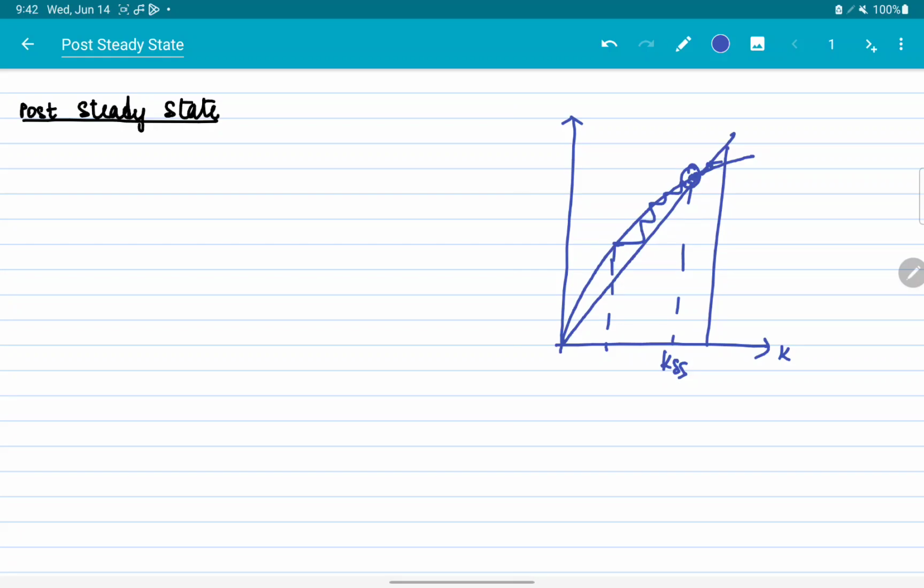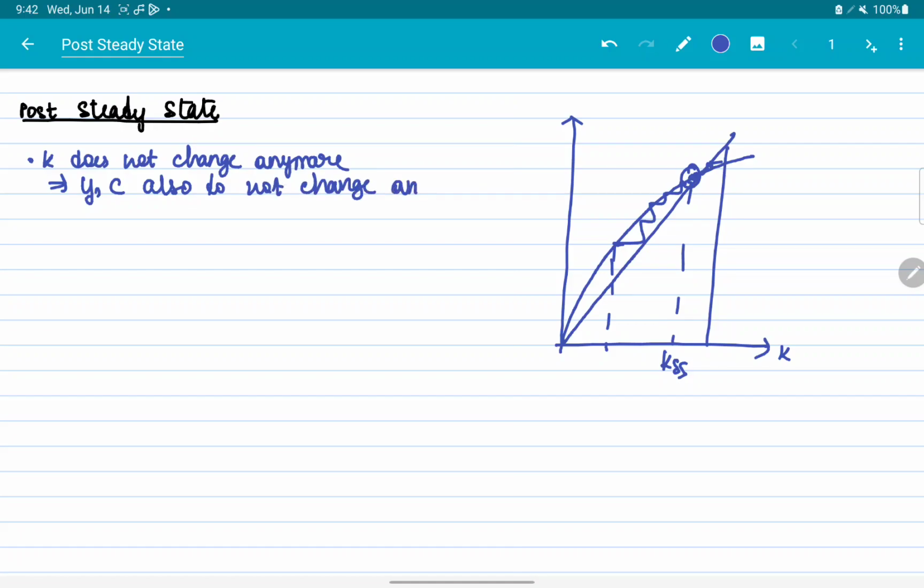But in this video, you're only going to look at a world where steady state has already been arrived at, however that way of arrival is. So once you've arrived at the steady state, note a few things. By definition, k does not change anymore, which implies that small y and small c, where small c is consumption per worker, also do not change anymore.